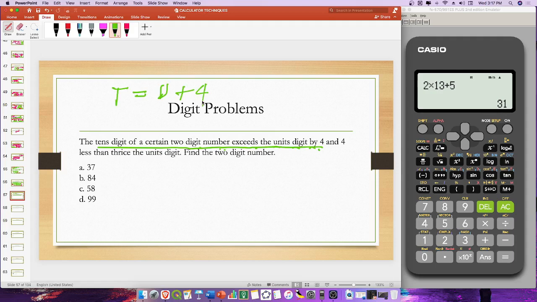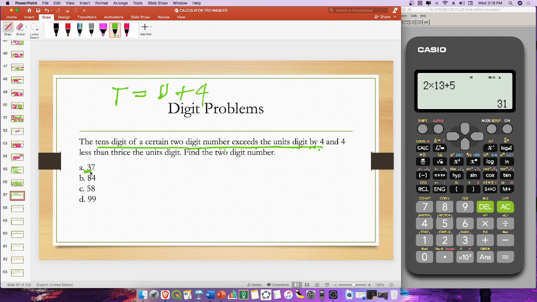So here, the tens digit is 3. So I will erase this first. So 3 here is the tens digit. Now, 3 and 7, the difference is 4. But that's not the right answer.